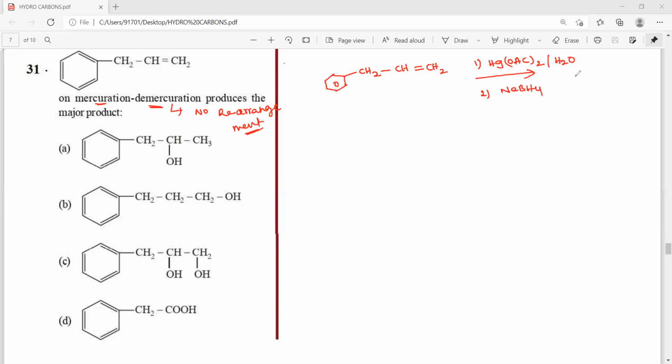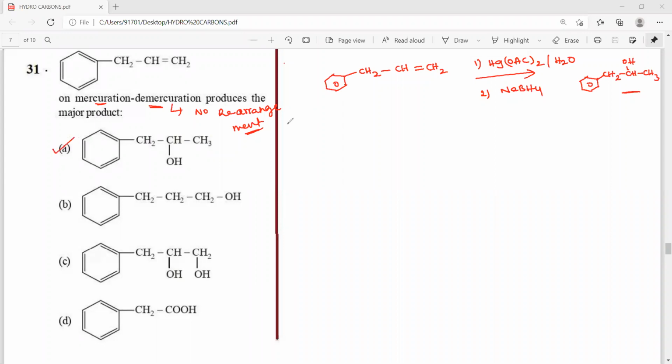And the product is CH2, CHOH bond CH3 that we will get. So the answer is CH2, which means the first option is correct. Your answer is the first option.